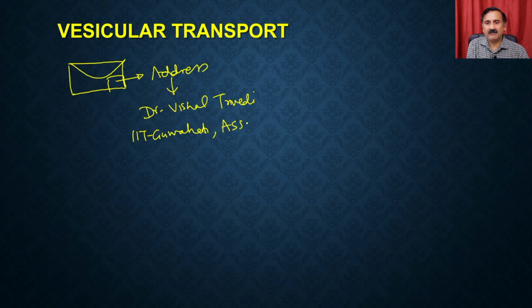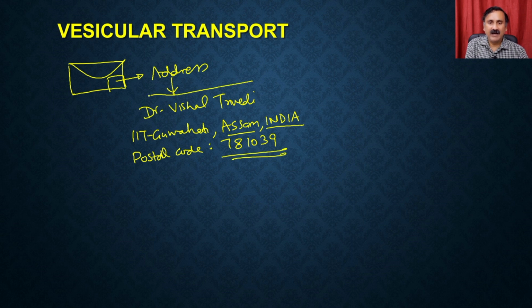Then I'm going to define which place, so I'm going to write Assam, and then India. Otherwise, that is still not unique, right? So I'm going to write the postal code, for example 781039, and then that is a very well defined address. So that is what is going to happen.